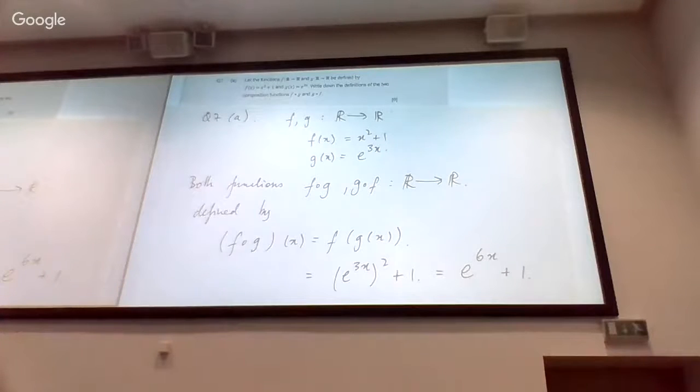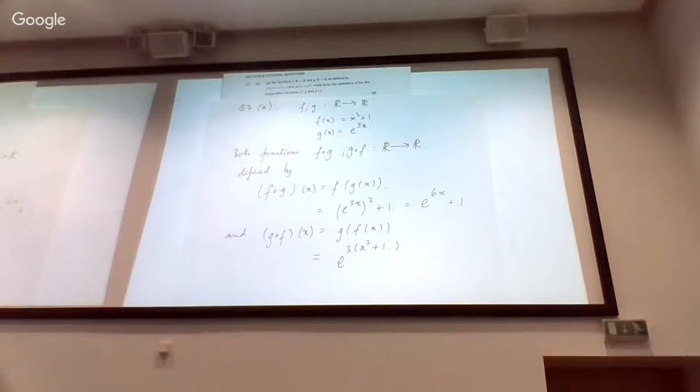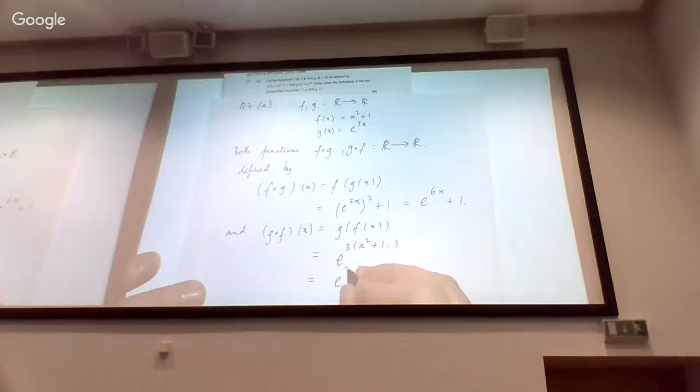And then the other one, g after f, applied to x. Well, that's g of f of x. So g of x is e to the 3 times its argument, and the argument here is f of x, which is x squared plus 1. So that will be e to the 3x squared plus 3.